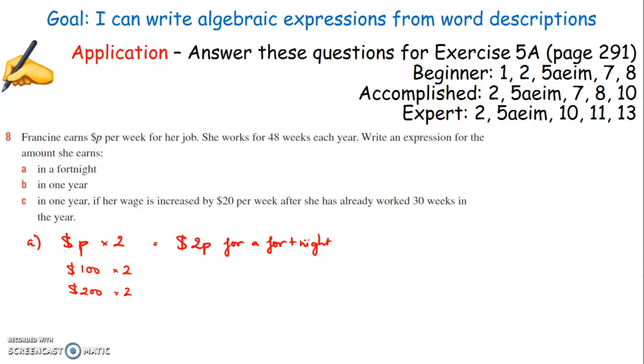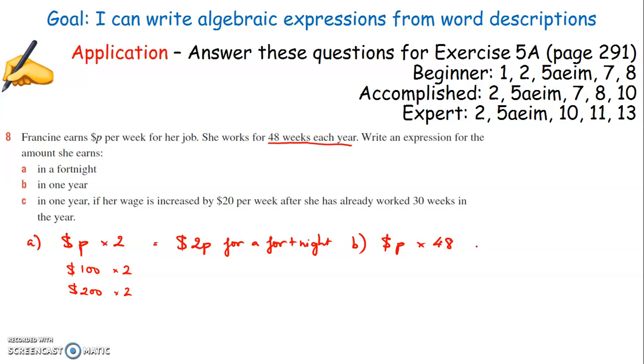Okay. B, we want to know how much she would earn in 1 year. And it says up here that she works 48 weeks in a year, right? So very similar to question A. Each week she earns P dollars, and we know that she works 48 weeks, so we just have to times 48.